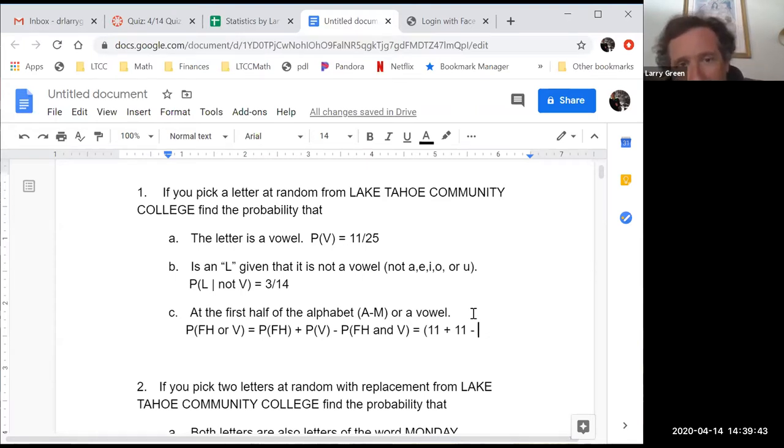And we have how many A's, E's, and I's? 2 in Lake, 2 in Tahoe, 1 in Community, and 2 in College. That's 7, right? Any questions on that? Divided by 25.